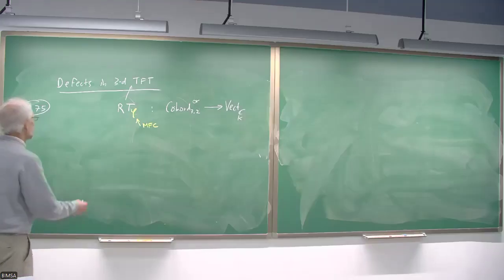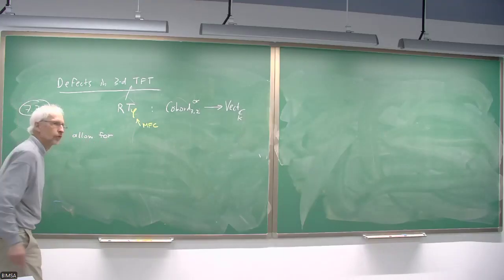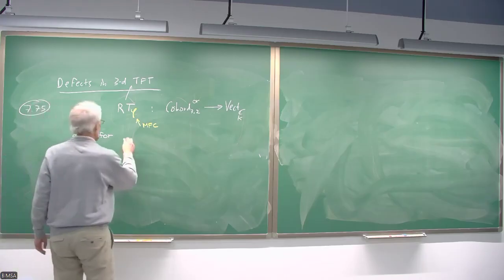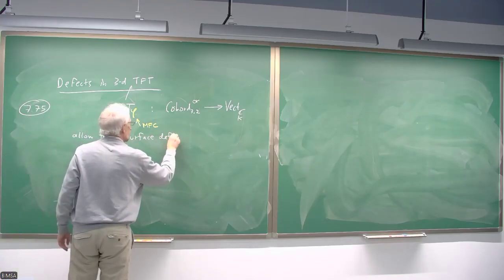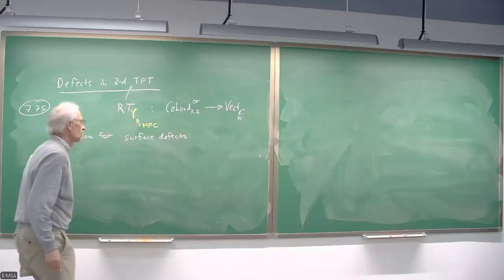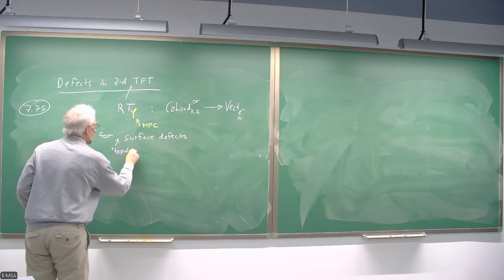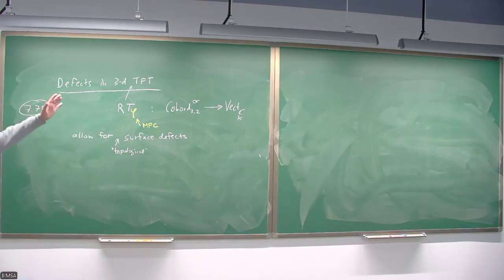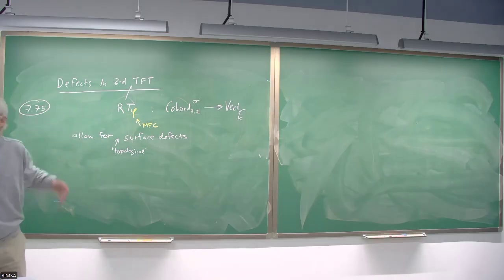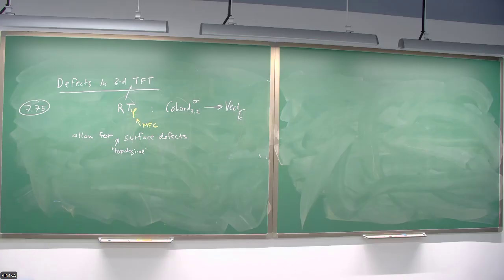But now I can look at a situation for codimension 1, so two-dimensional defects, let me call them surface defects, which are topological in the sense that inserting them does not destroy any of the properties of the theory, which are the origin of calling it topological.